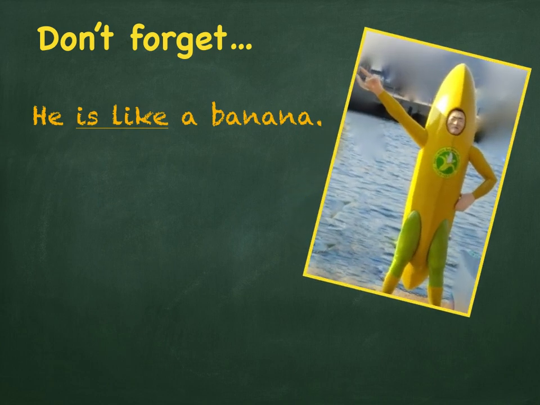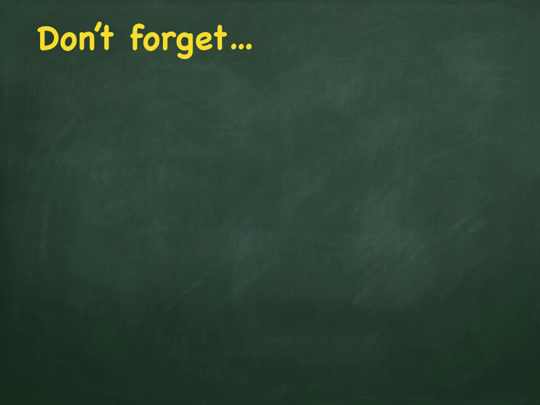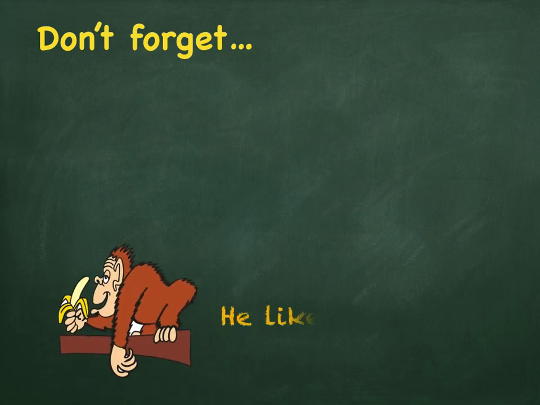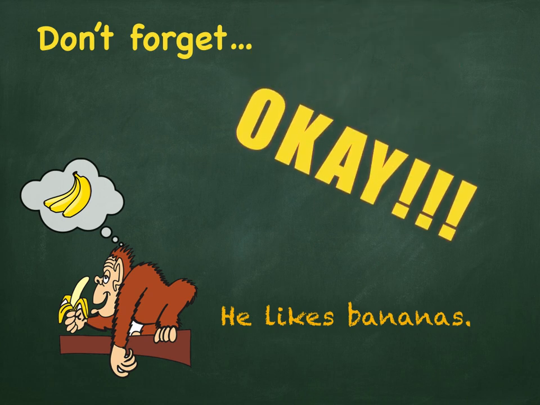This is the meaning of he is like a banana. Now we have a good example. There is no be verb here, and this guy likes bananas. And right now, he's eating a banana.